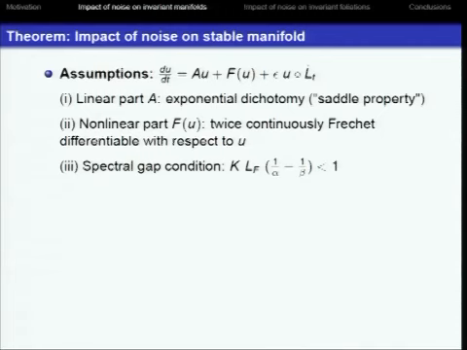Okay. Now this is one theorem. Suppose epsilon, the noise level, is small, which means epsilon is very small here. This should be Brownian motion. For the linear part, we have a saddle property, which means exponential dichotomy. For the nonlinear part, we need it to have a second order Fréchet derivative.